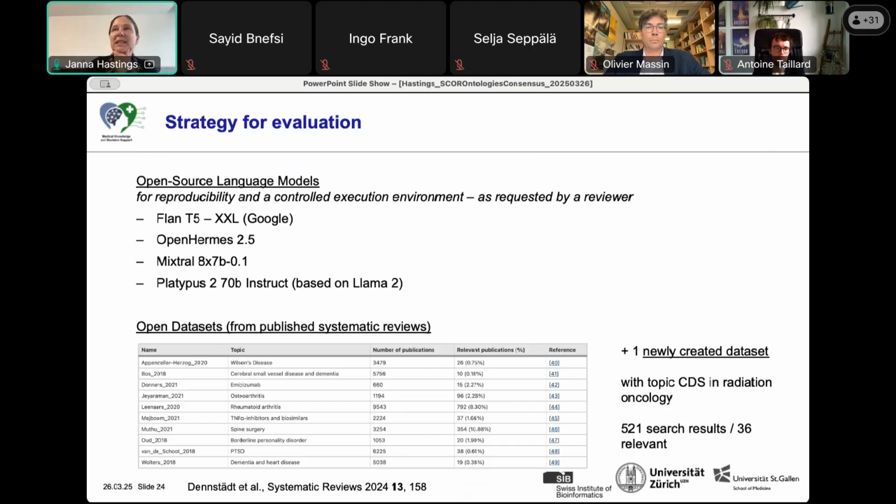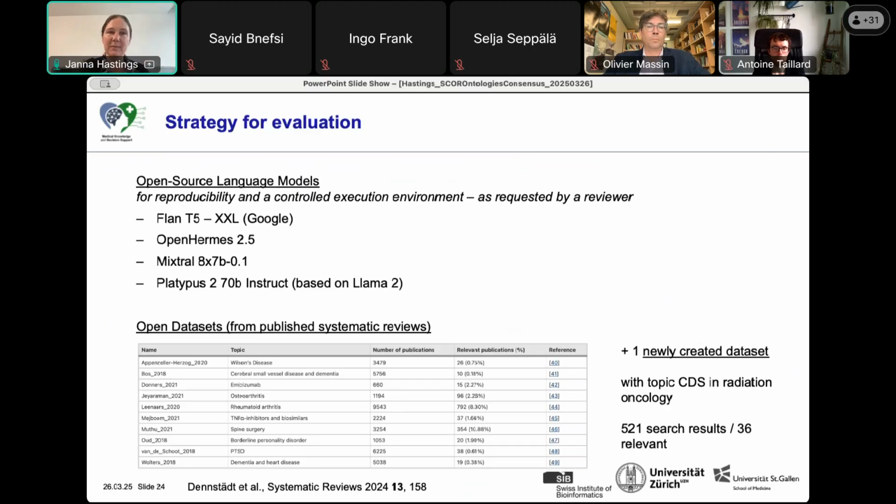So for this project, we decided at that time to evaluate these 4 open models, and we took a whole lot of existing data sets of systematic reviews where the inclusion papers were known. So we could evaluate whether the model would give the same output as a human would. But the challenge with these kind of models is that they have seen all the studies before.